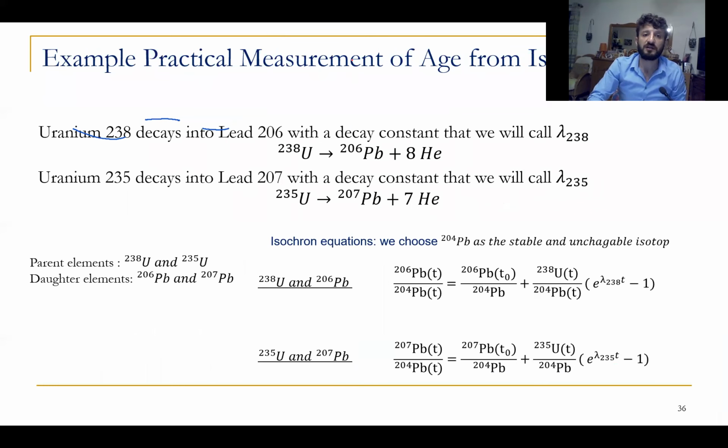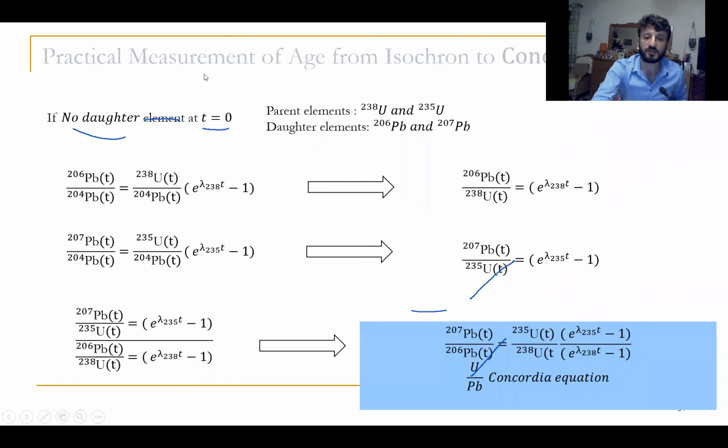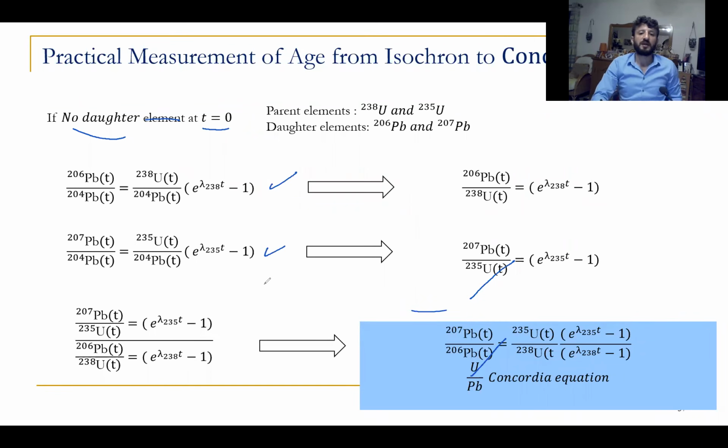to the equation, as we don't have initial lead 206 and we don't have initial lead 207, we can eliminate this one and this one. So we get simply the new isochrone equations, which will be this one and this one.